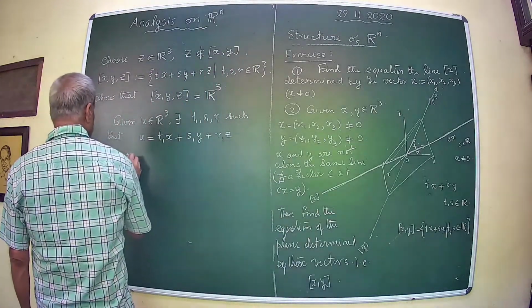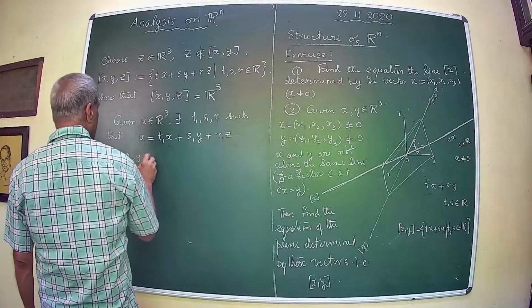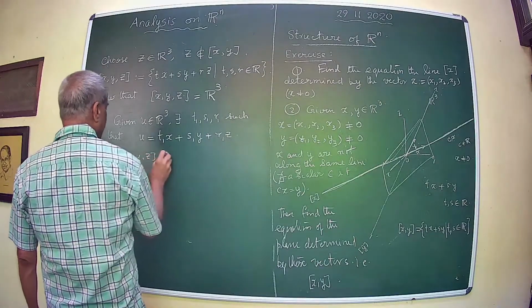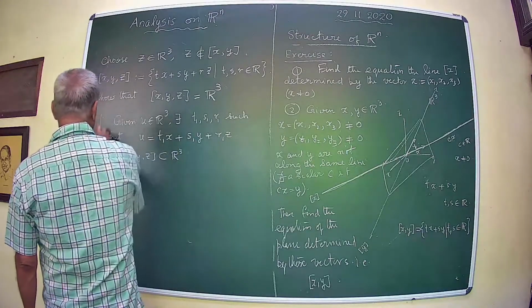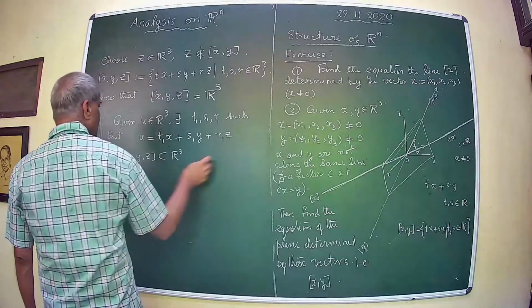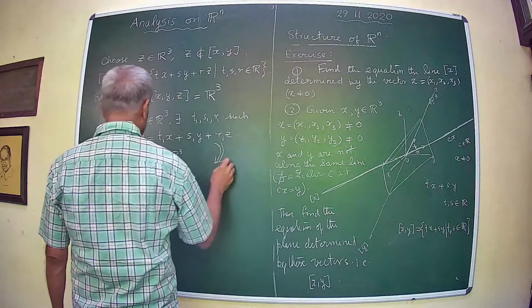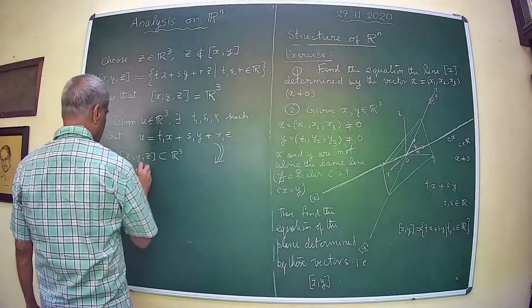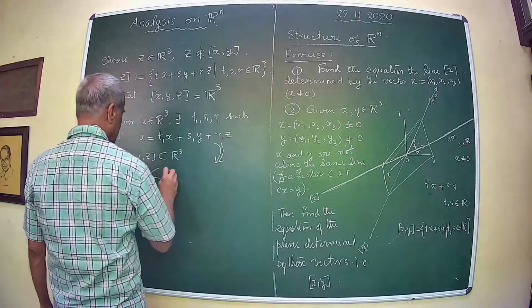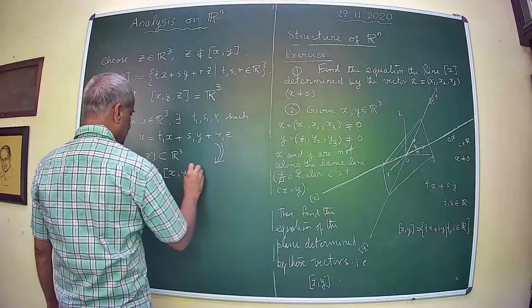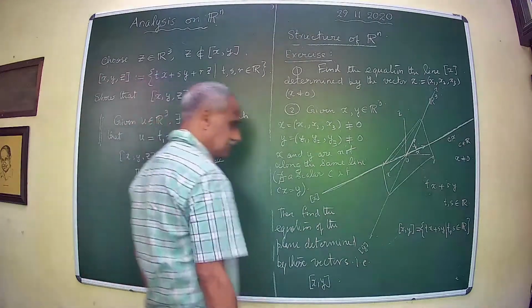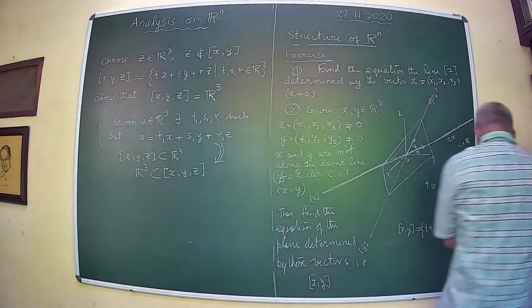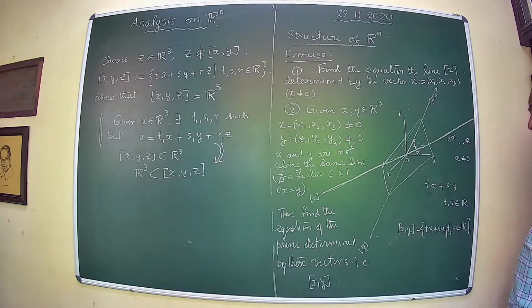So x, y, by definition, is contained in it. If you prove this, so this implies that you essentially need the knowledge of these three vectors x, y and z.